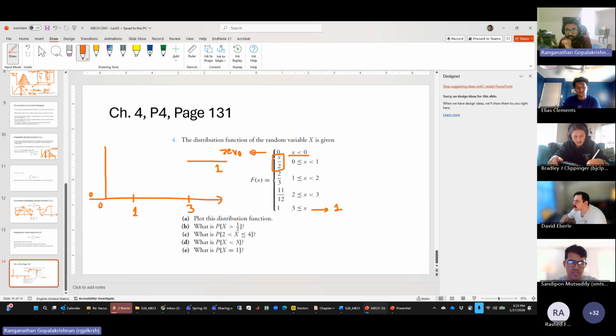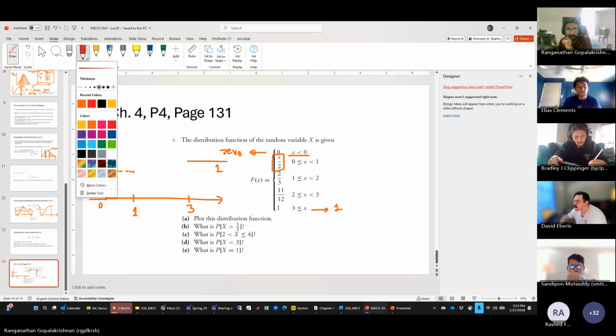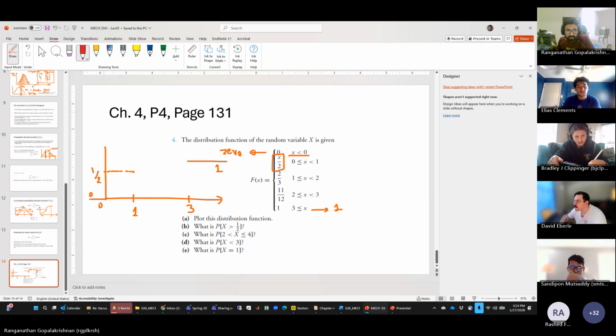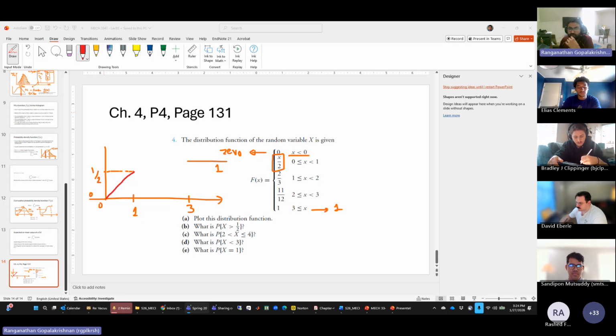So at the value of 0, it's 0. At the value of 1, it's going to be what? 1/2. And then we draw a straight line. With me so far?